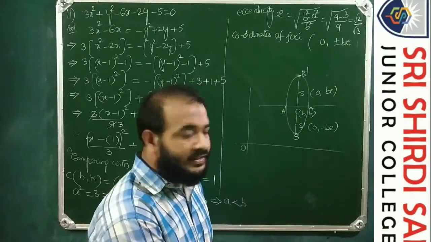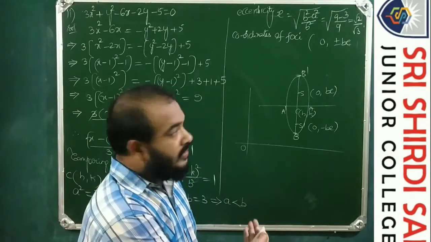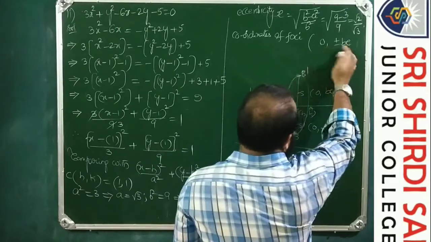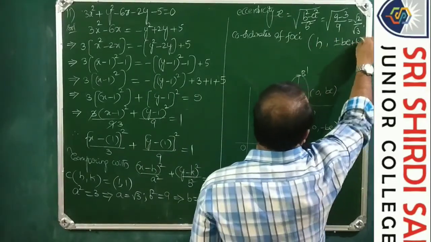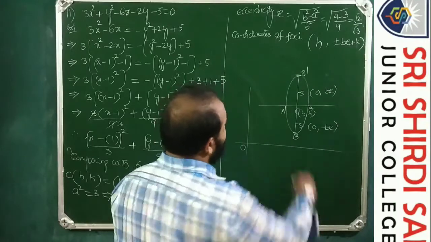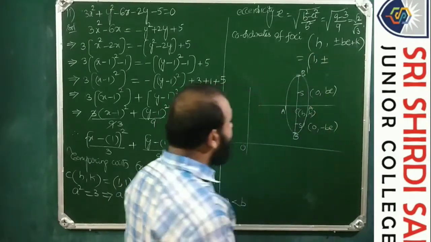But since shifting of origin has happened, h will be added here and k would be added here. So this is equal to h, which is 1, comma plus or minus be.